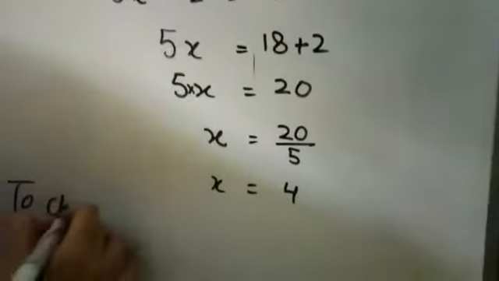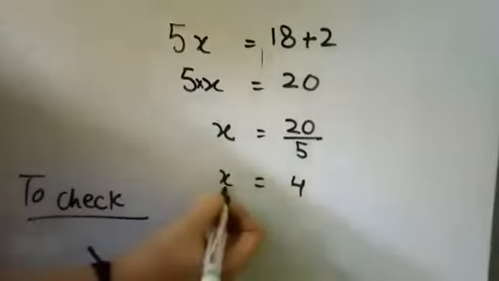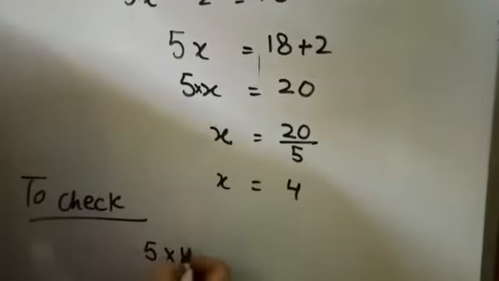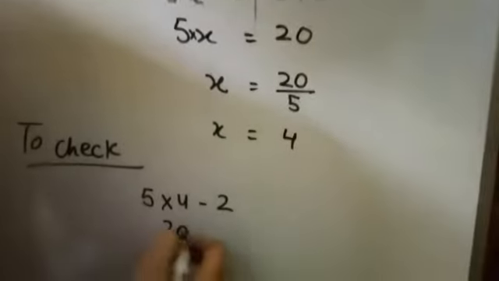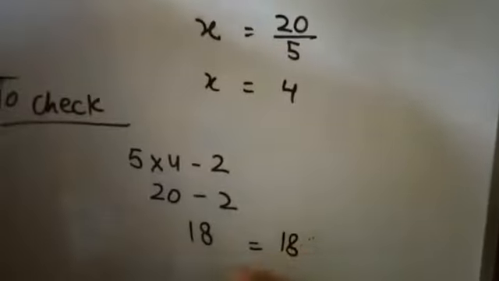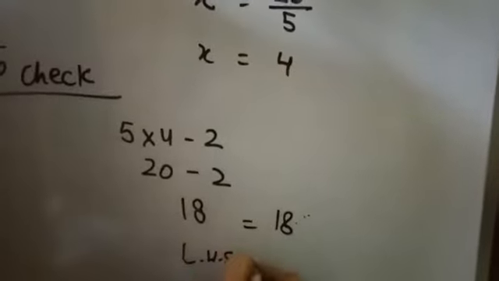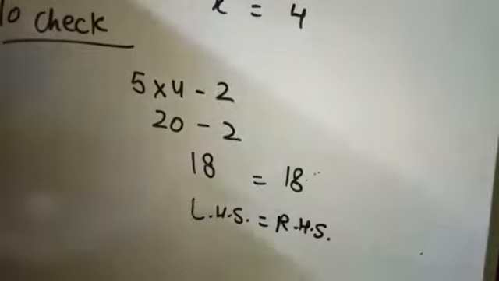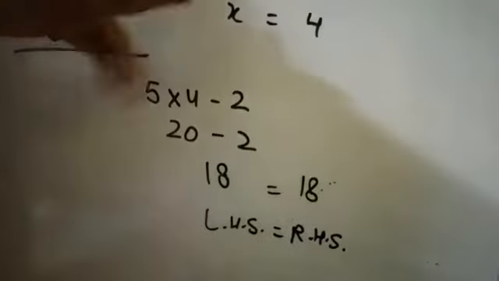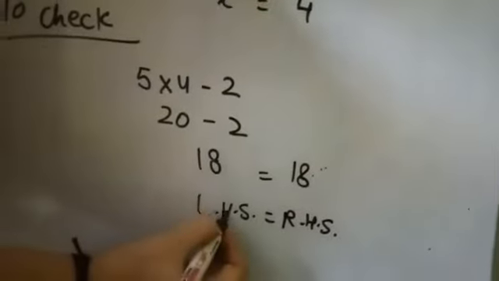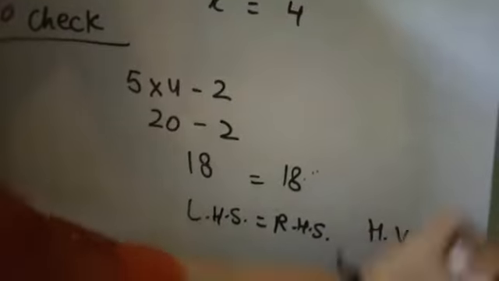To check, we put this value of the variable in LHS. 5 into 4 minus 2, 20 minus 2, 18, and the RHS is also 18. So LHS is equal to RHS. In this way, after putting the value x is equal to 4, your LHS is equal to RHS and hence verified.